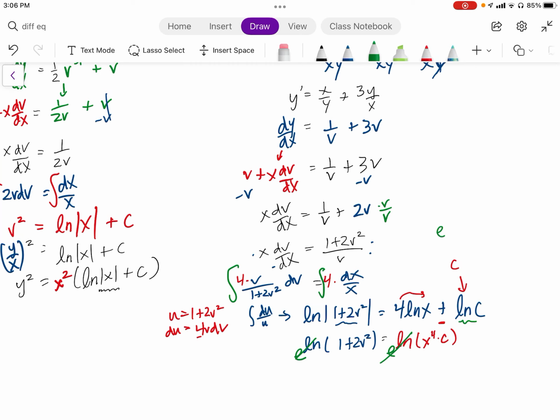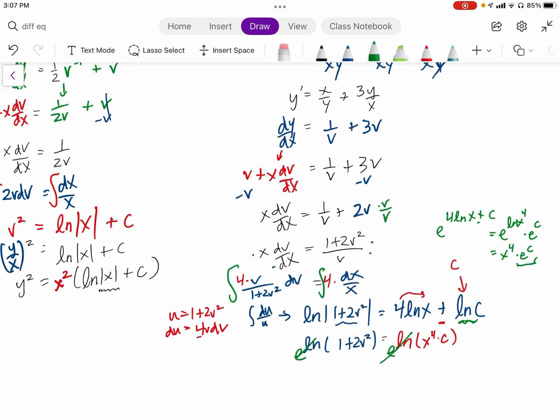But if I in fact had e to the 4 ln x plus c, okay, now we have to think of this as e to the ln. Now I could still do this, but remember plus an exponent is the same as multiplying here, right? And now I could cancel this e and ln, and we get x to the fourth times e to the c. But again, e to the c is some constant.